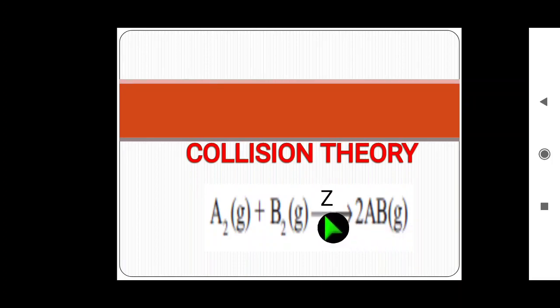The Z is the collision rate constant. Usually the rate constant is denoted by K, but here we are using another variable, that is Z. It is for the collision rate constant.